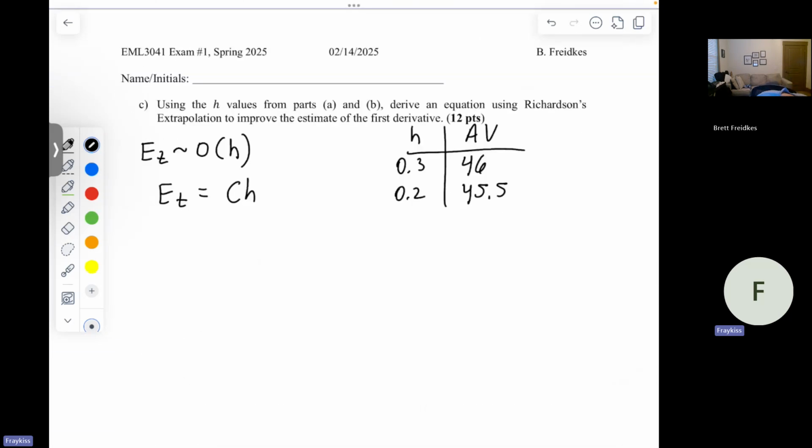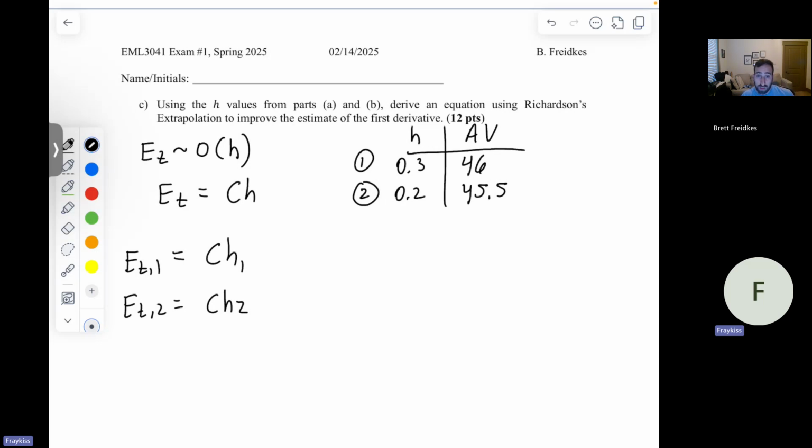So I will say that the true error, and maybe I'll say that this is the first one, and this is the second, but the true error for the first one is going to be some c times h1. And the true error for the second one could be the same as c times h2.